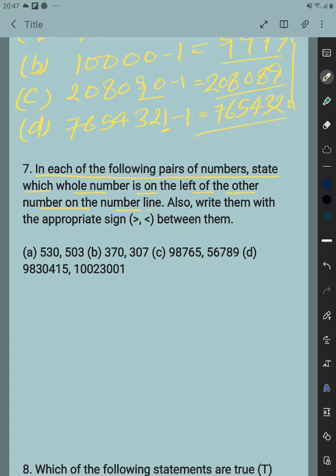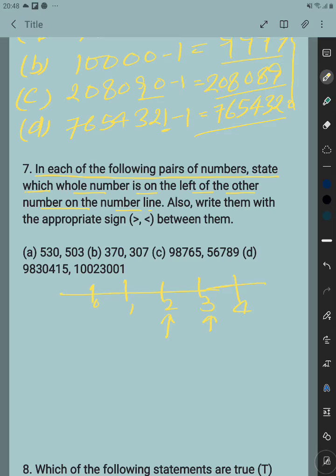For example, if you see, we have 0, 1, 2, 3, 4. Any number that is lesser is on the left side. For example, 2 is lesser than 3 and it is on the left side of 3.